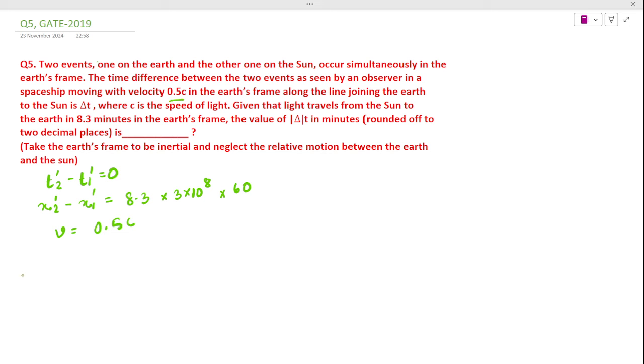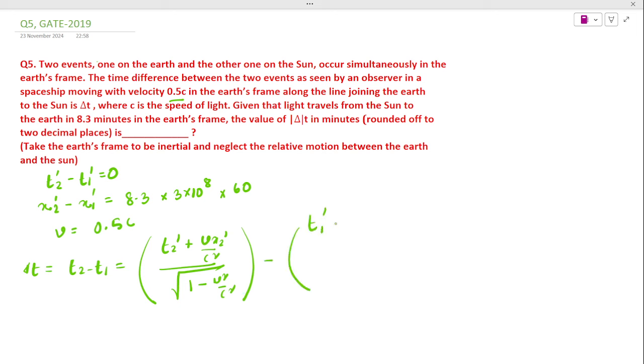So we now put the formula of time invariance under Lorentz transformation: del t, t2 minus t1, is (t2 dash plus v x2 dash by c square) divided by root over 1 minus v square by c square, and the other one is (t1 dash plus v x1 dash by c square) divided by root over 1 minus v square by c square.